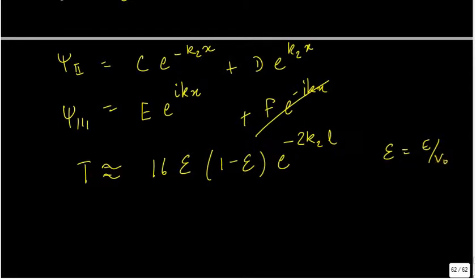Let's see what the gross features are. V naught is in the denominator. The higher V naught, the smaller the value of T. Which means that if I have a very high potential barrier, I will not be able to observe the wave on the other side.